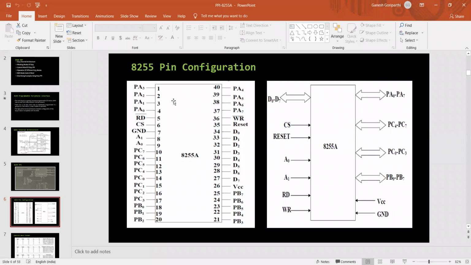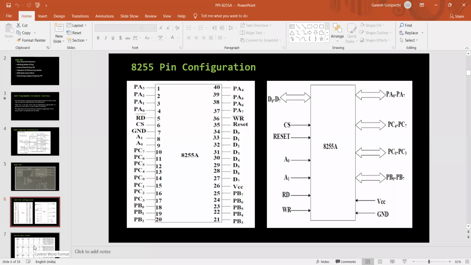Out of 40 pins, 24 pins will be allocated to the 3 ports that we discussed, and 8 pins will serve the data transfer, and the remaining pins will provide the control signals and the supply. That is about the pin configuration. Till here we discussed in the last class.